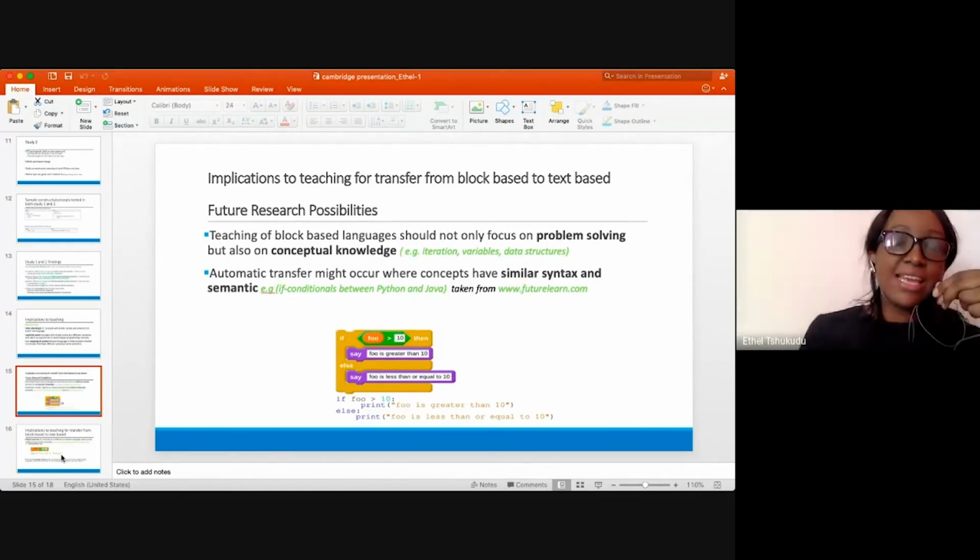In block-based languages, most of the teaching is based on problem solving or computational thinking, designing games and so on, but little emphasis is put on conceptual knowledge, explaining each concept and the semantics to the students. We can take advantage of automatic transfer by looking at similarities, like the if conditional there.